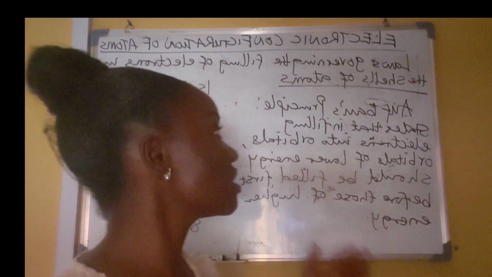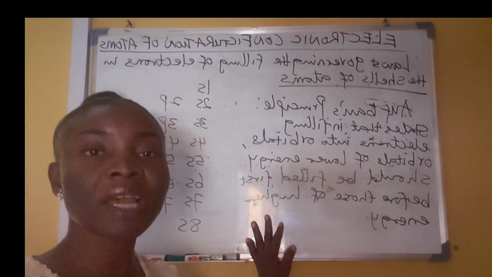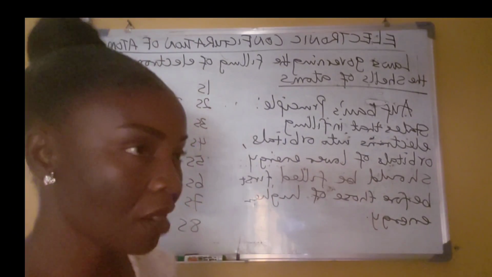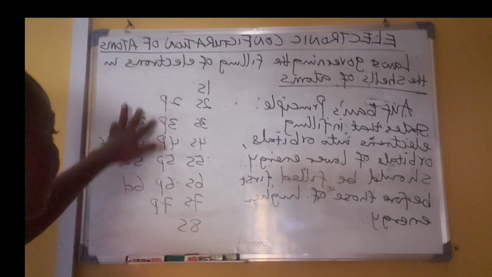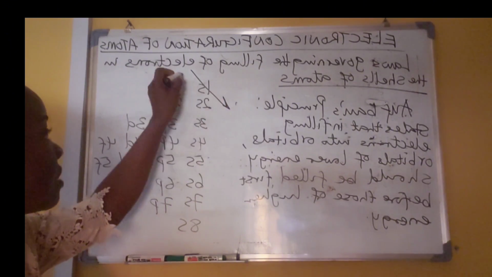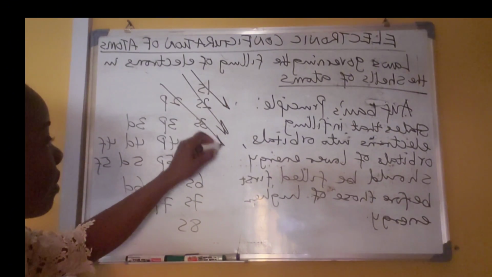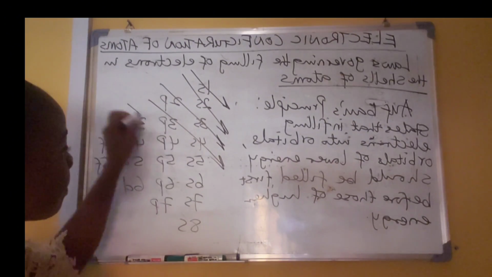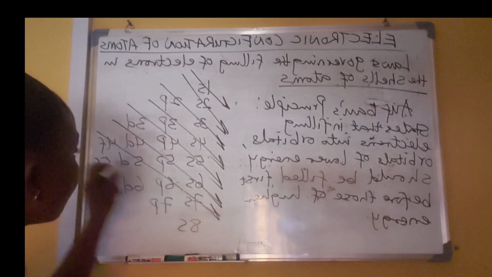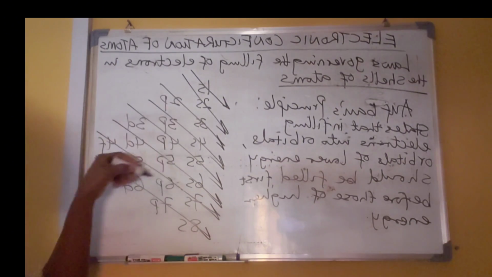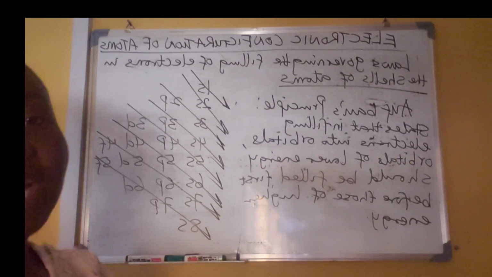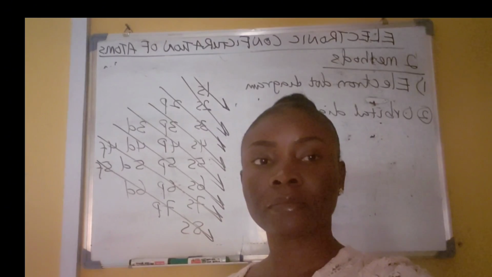That is also how it is for orbitals. Orbitals of lower energy should be given electrons first before those of higher energy. Now, this is the arrangement. All the orbitals have been arranged this way, so this is how you will know the ones that have lower energy than others. We shall be making use of this diagram as we go ahead to write the electronic configuration.